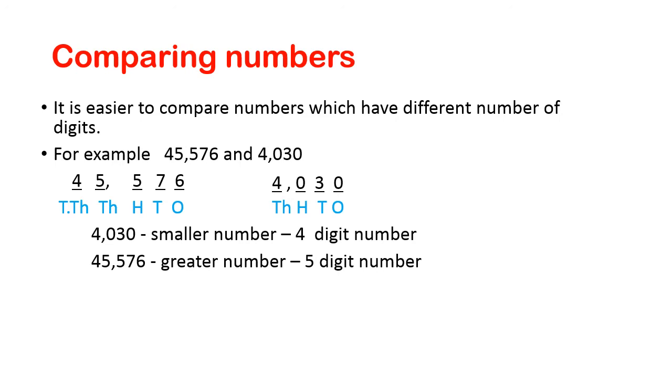So now we are going to put the symbol. So 45,576 greater than 4030. I have already told you whenever we write the greater than symbol, the greater number should come first. So 45,576 greater than 4030.